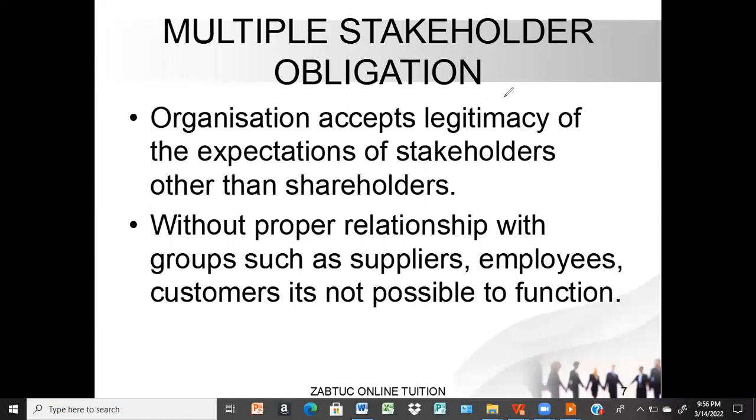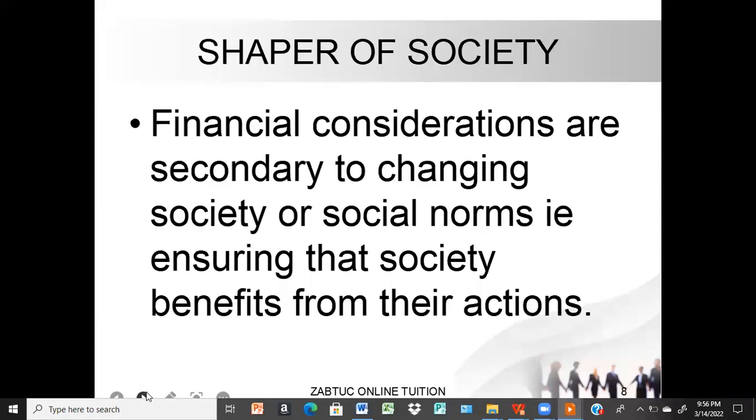And lastly, we've got even something much higher, a much more ambitious approach. Shape of society. Financial considerations are secondary to changing society or social norms, that is ensuring that society benefits from the actions.